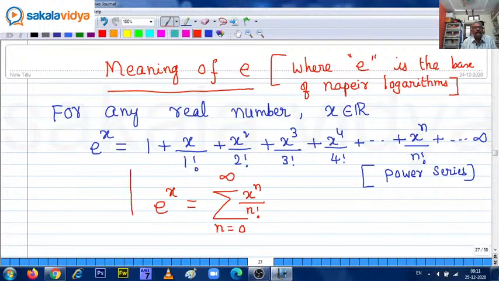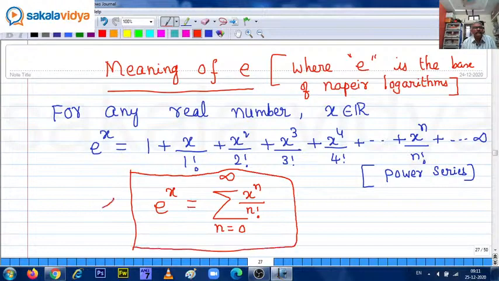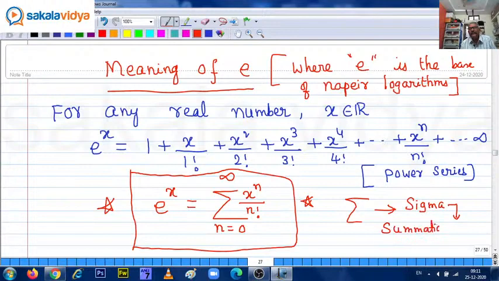In some textbooks you may find it like this also. When you go for higher studies, you will find such symbols. A short form we can write. This means sigma, this means summation. Summation means adding.